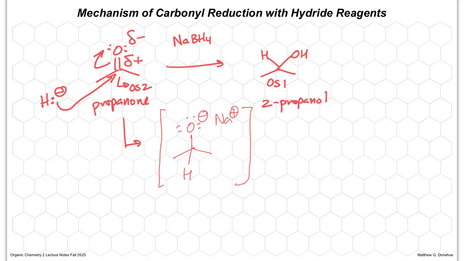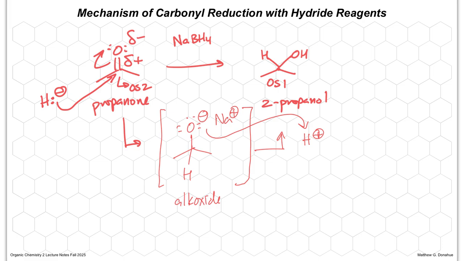So right now, remember a negatively charged oxygen, that's called an alkoxide. So we still need to do one thing and supply a proton source, so H+. So a lone pair from oxygen will bond to that acidic proton.